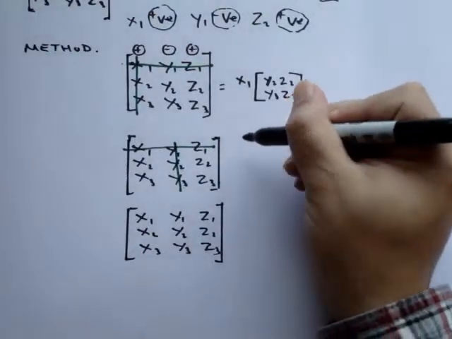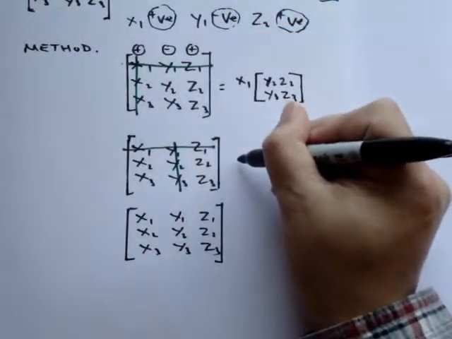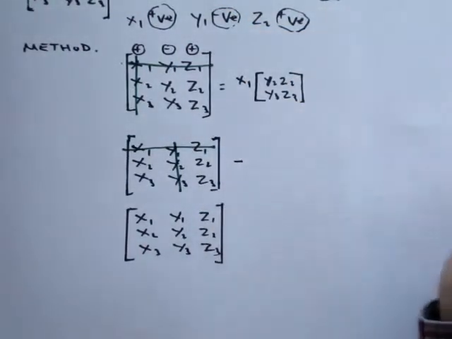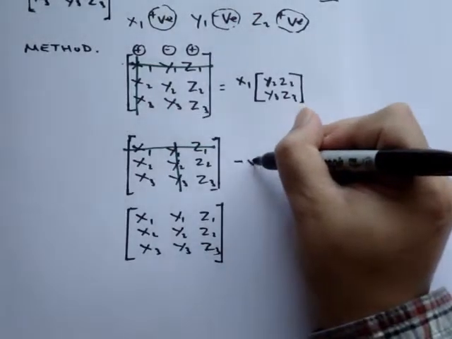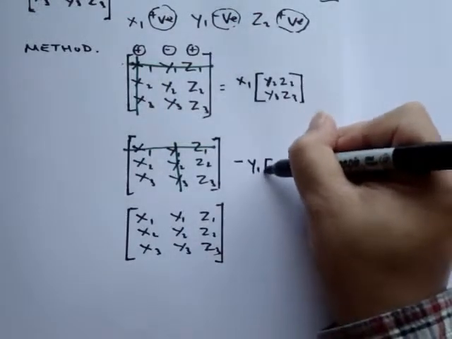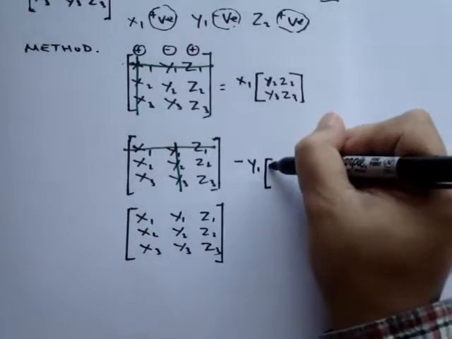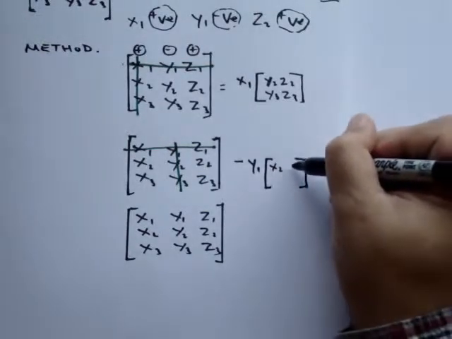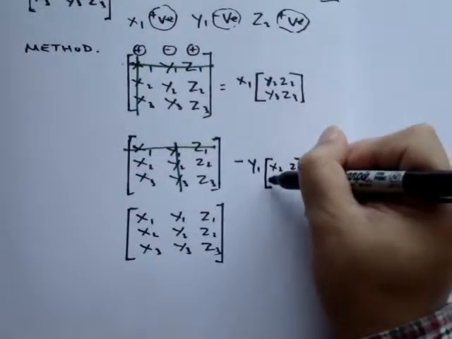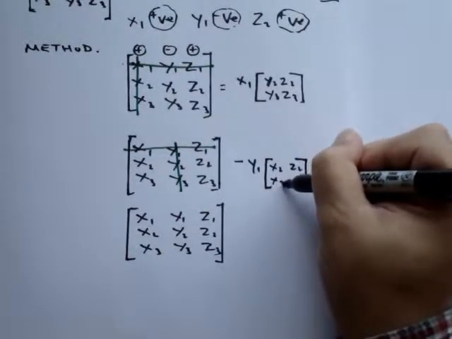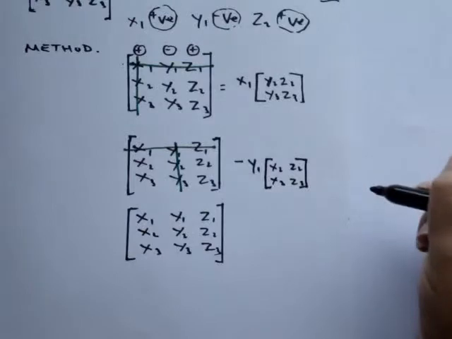So this then, don't forget the negative, becomes negative y1, and then we get the determinant of x2, z2, x3, z3.